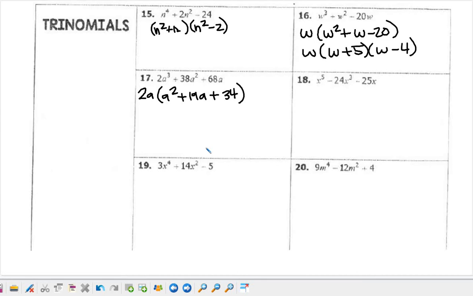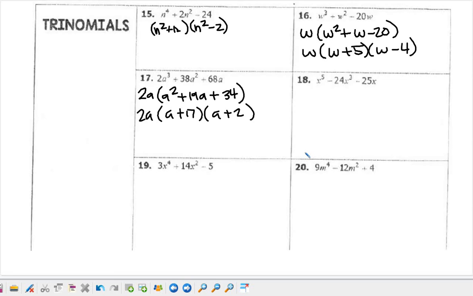That could be 19. So we have 2a, a plus 17 and a plus 2. Three factors, three zeros.